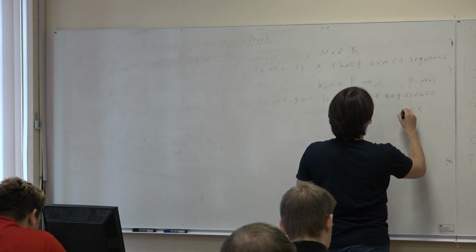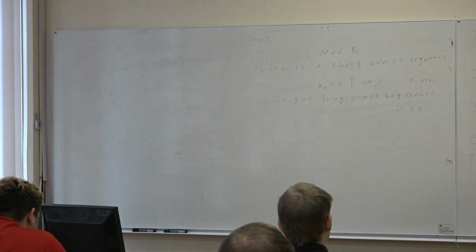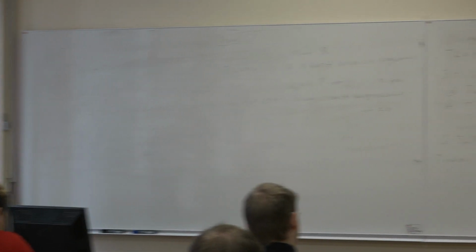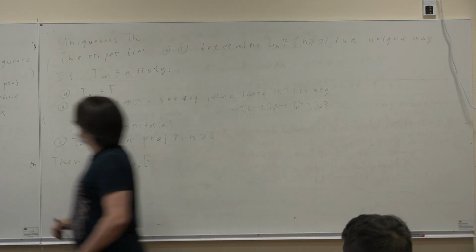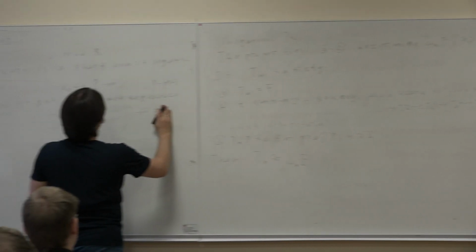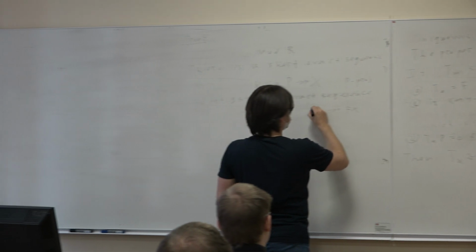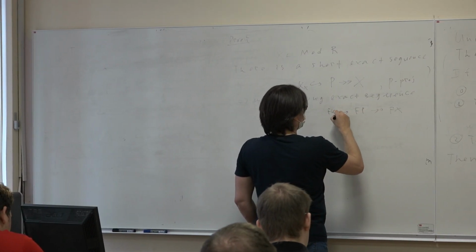For n equals 0, it's clear because T0 is F and L0 F is F. So we need to prove for n more or equal to 1, of course. FX, FP, FKX.